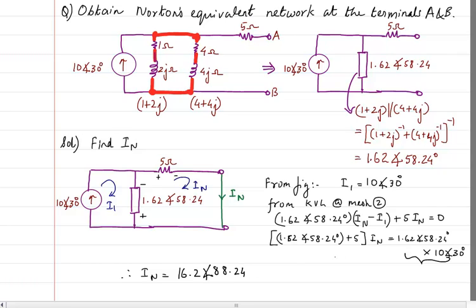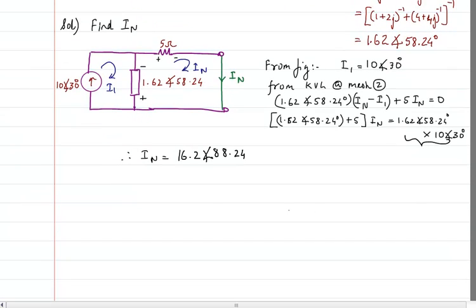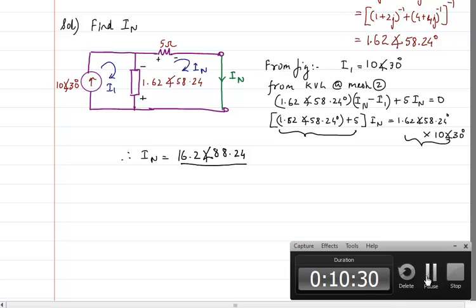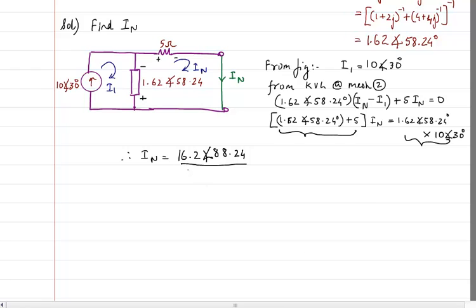Now I have to divide that by this value, 1.62 angle 58.24 plus 5, which gives 6.01 with an angle of 13.24 degrees.